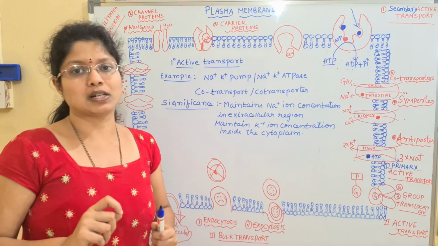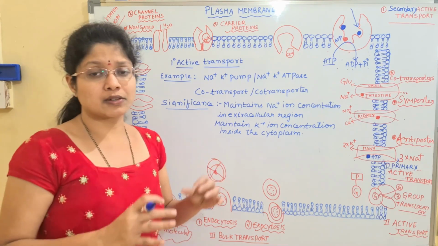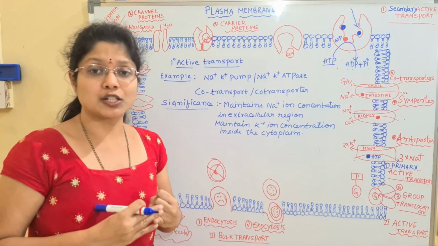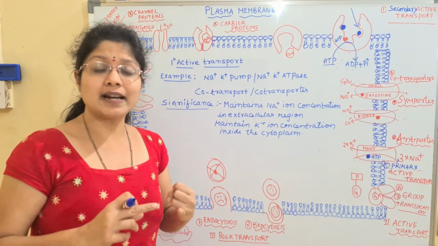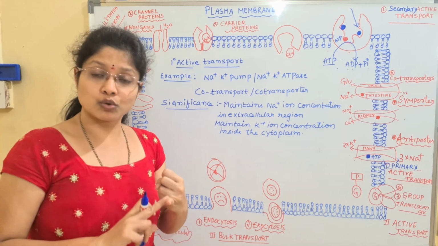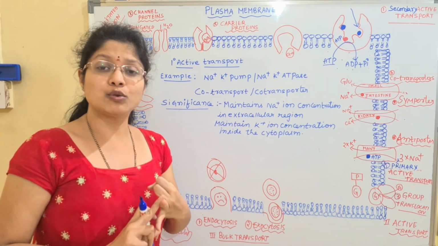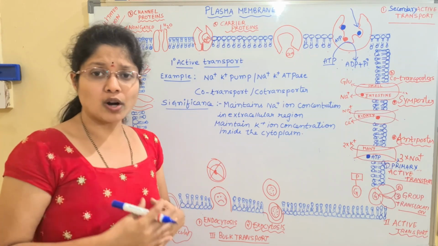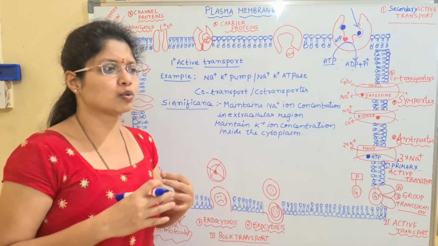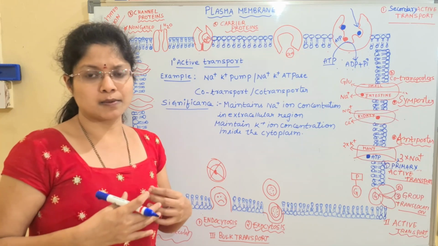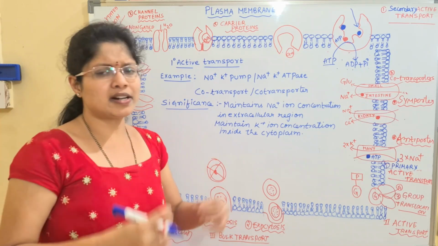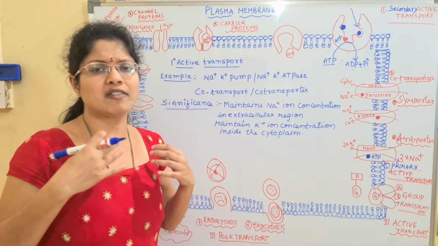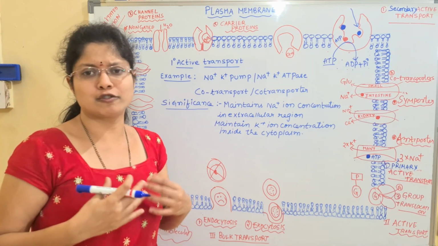Not only glucose, children, if the sodium ion concentration is maintained extracellularly and is more, through its gradient it can transport glucose and other commonly used metabolites like amino acids and some important sugars. All these molecules require energy, and if every time the cell utilizes its cellular energy or ATP, it will be very expensive for the cell, and it is a wasteful process.